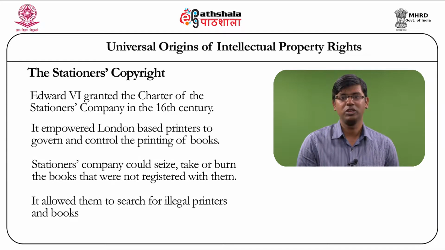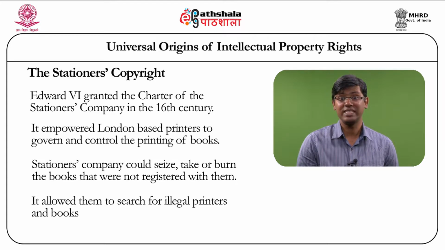It allowed them to search for illegal printers and illegal books. Largely, powers were granted to the Stationers' Company to go to places, do searches, and if they found an illegal printer or a book that was not necessarily allowed to be printed, they could confiscate it.